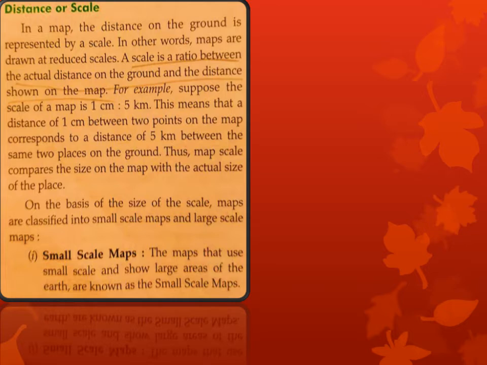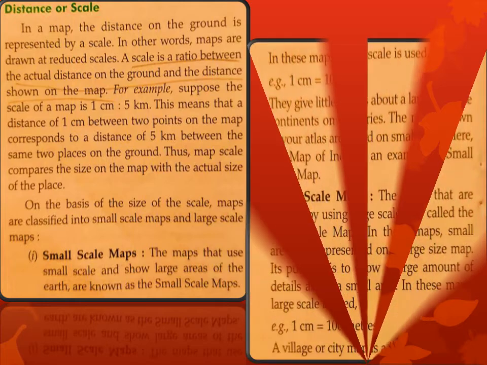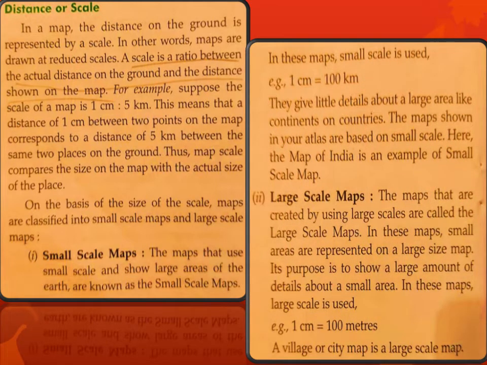Now on the basis of the size of scale, maps are classified into small scale maps and large scale maps. The maps that use a small scale to show large areas of the earth are known as small scale maps.